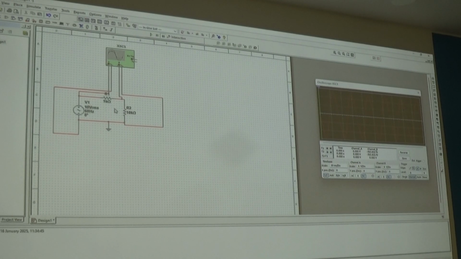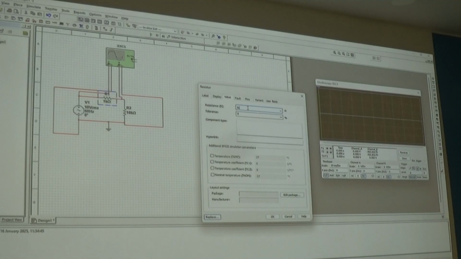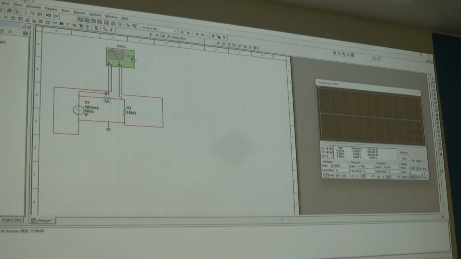But it's uncommon to use 0 ohms, so let's just put 1 ohm in there. Now 1 ohm, if you look at the ratio between 10k and 1k, and 1 ohm, they're so close to one another you're not even going to see it on the scope. They're superimposed on each other. They're so similar that you can't even discern. Okay. Does that make sense?